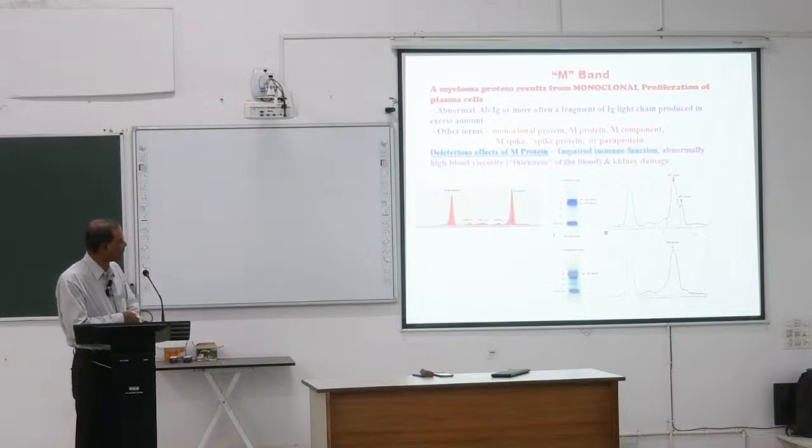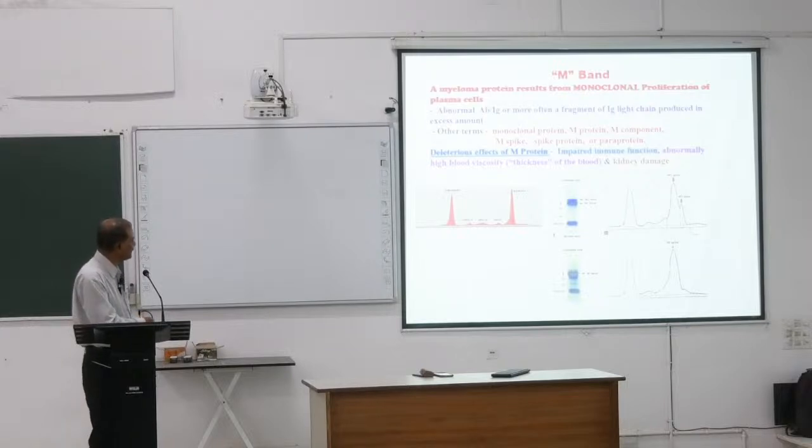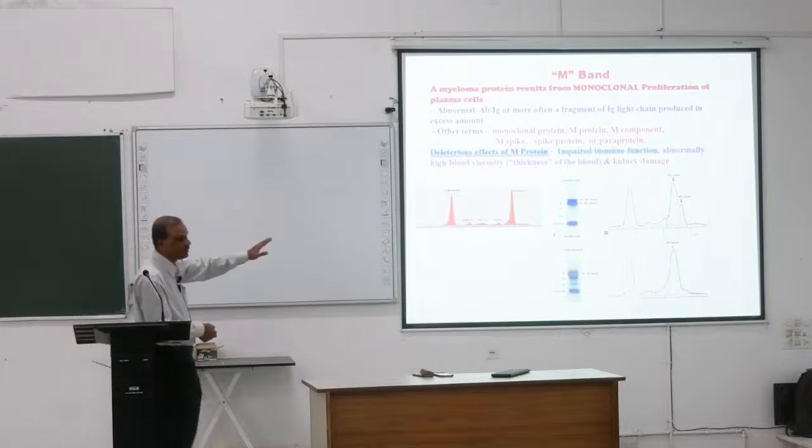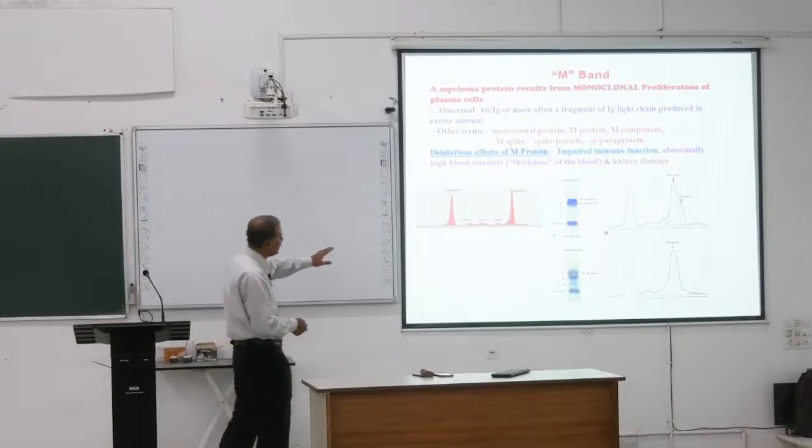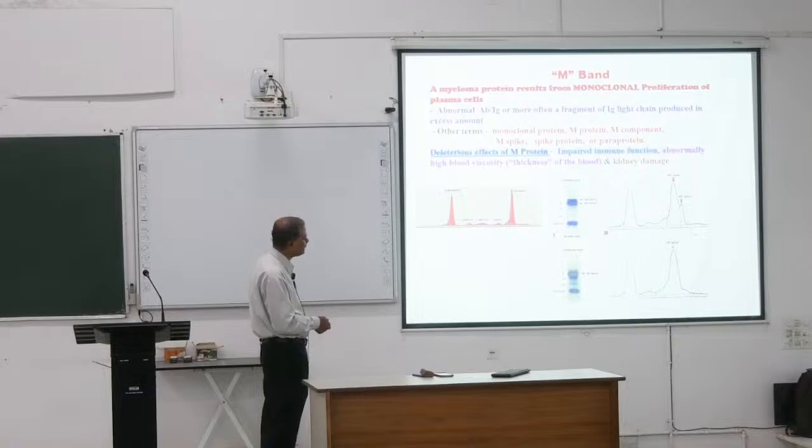It will cause thick blood, and that will also cause kidney damage. So you can see the peak. If you make a densitometric scanning, can you see the peak here which I have shown? You must remember this particular band in this region, apart from the albumin region.